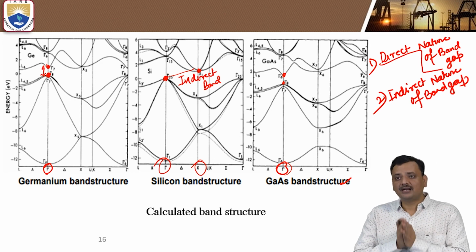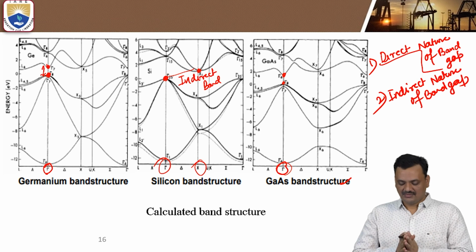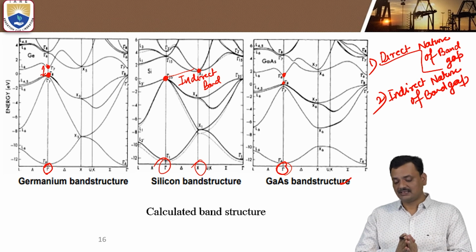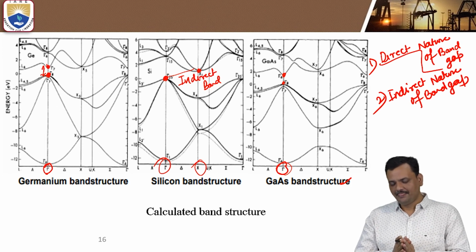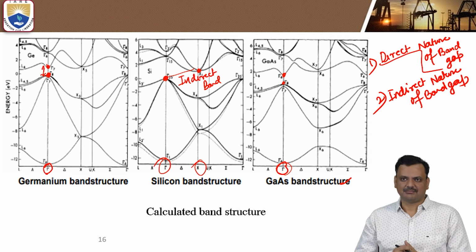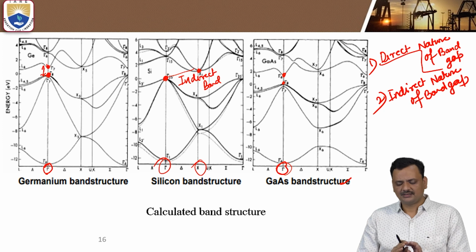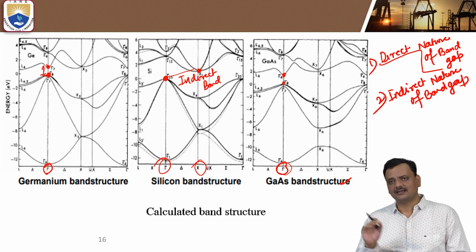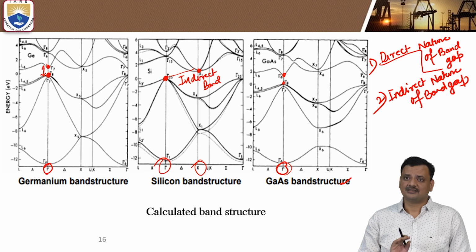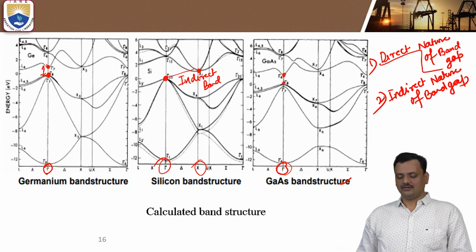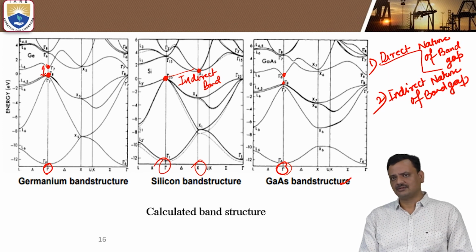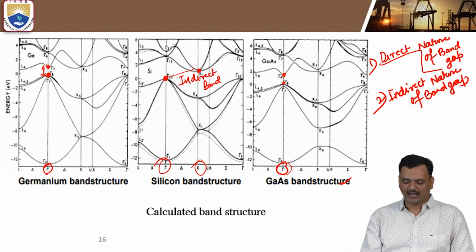So for optoelectronic applications, having a direct band gap material is important for device application in the optoelectronic field. Okay. You can calculate the band structure or band gap value by some software or programs available nowadays, such as Quantum ESPRESSO software.